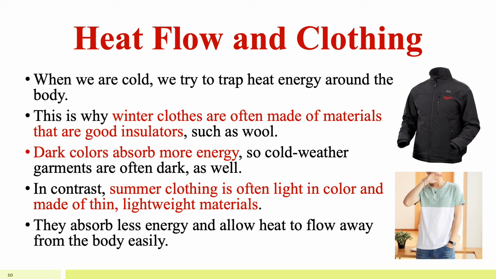Because it will trap energy and make our body warm. Also, winter clothes are dark in color because dark colors absorb more energy. The opposite in summer. In summer clothing is light in color and made of thin, lightweight materials. Why? To absorb less energy.